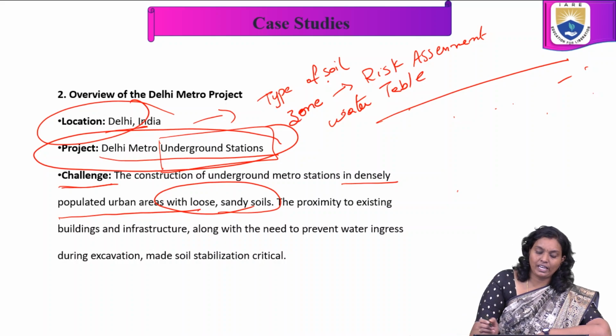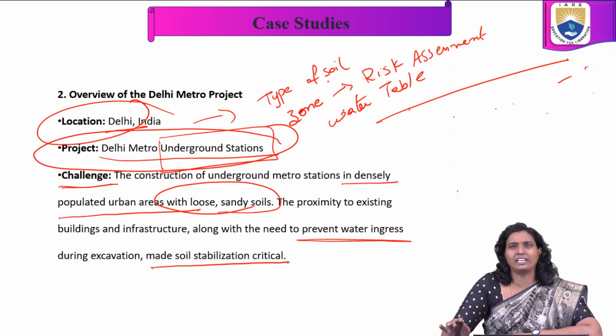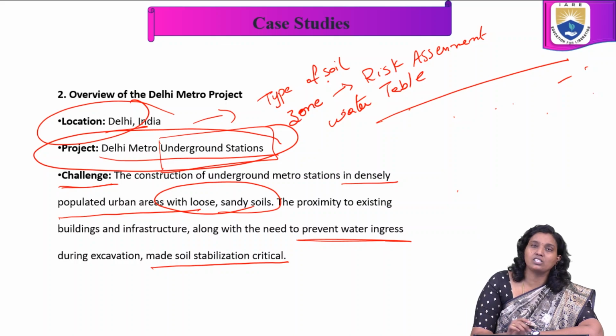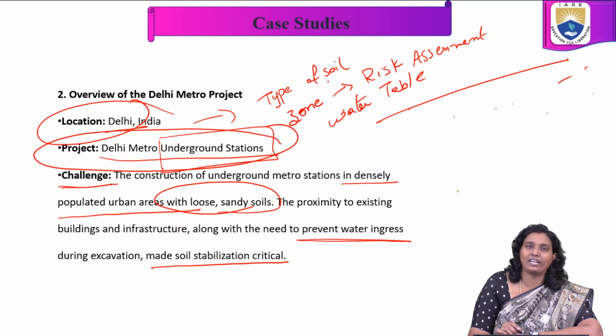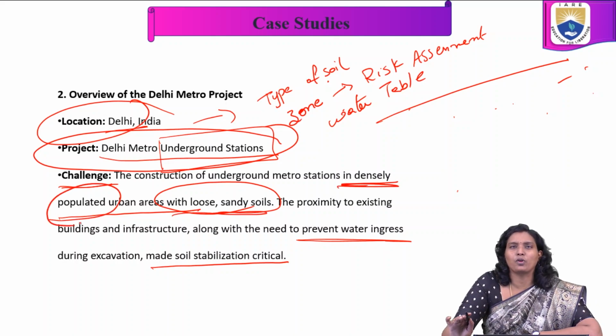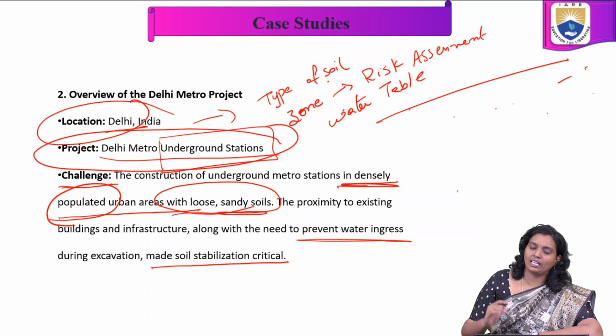The proximity to existing buildings and infrastructure, along with the need to prevent water ingress during excavation, made soil stabilization critical. This challenge is involved in the metro underground stations in Delhi. What is the challenge? Exactly, the construction of underground metro stations in densely populated urban areas with loose and sandy soil. It is a public interest project, so we consider the alignment as per public interest.